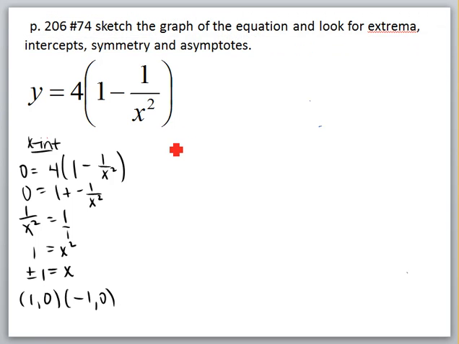The next thing I want to look for is the y-intercepts, where it crosses the y-axis. So we'll plug in 0 for the x. When I do that, notice how I end up with an undefined value here.